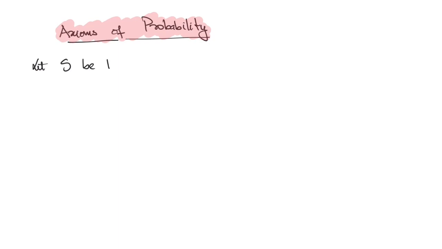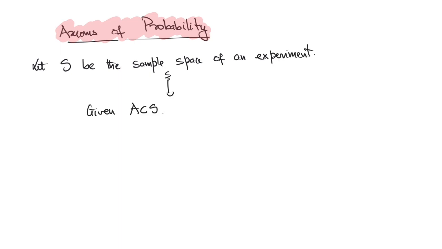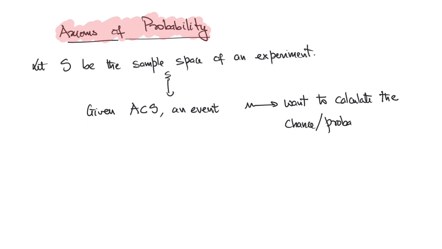Let S be the sample space of an experiment, and let A be an event, that is, A is a subset of S. What we want to calculate is the chance or the probability that A occurs.